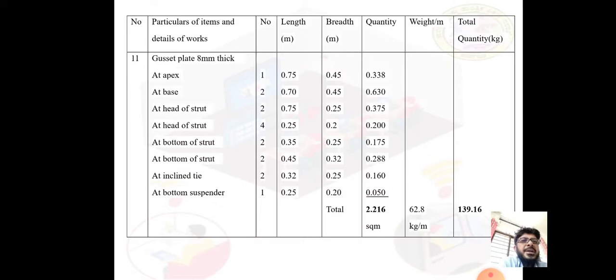So total quantity is 2.216 square meter, and each square meter is 62.8 kg for 8 mm thick plate. If you multiply with the total area of the gusset plates, we will get 139.16 kg of gusset plate.